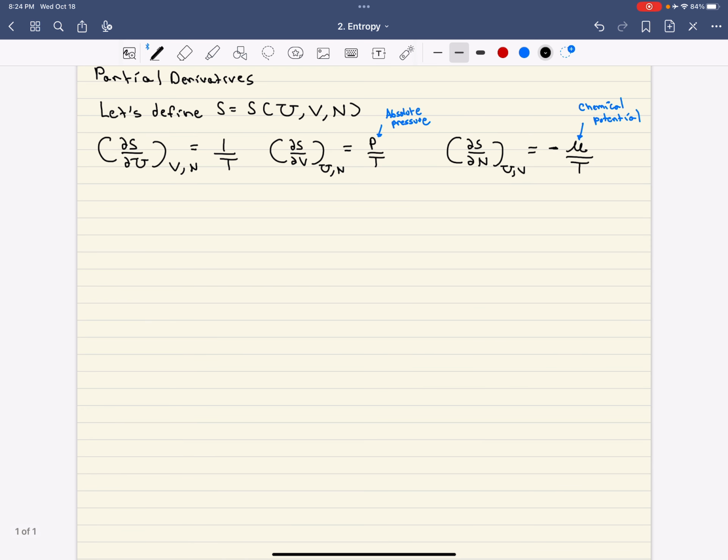Now, another property of entropy functions is extensivity.